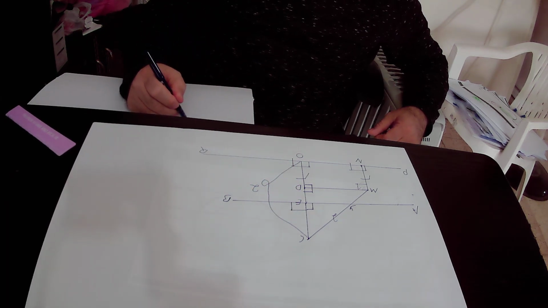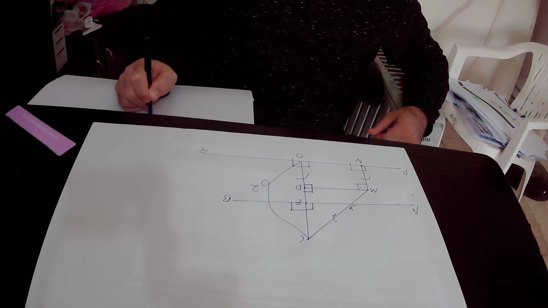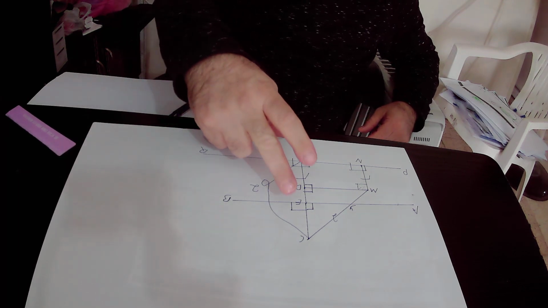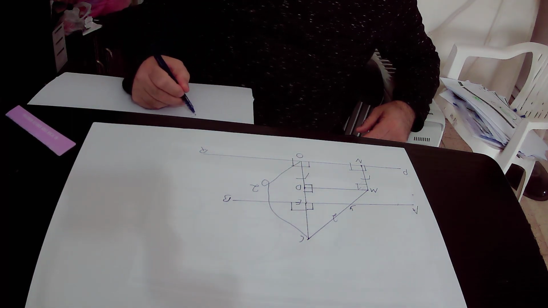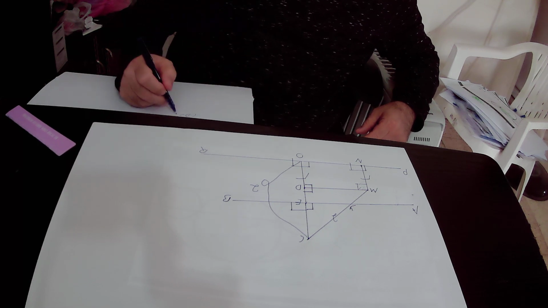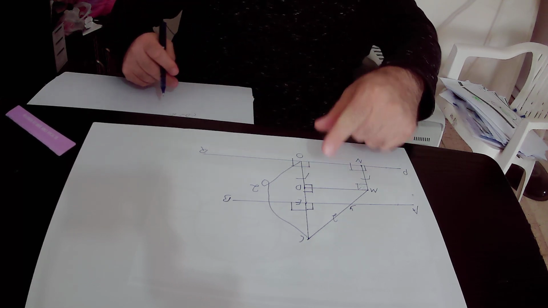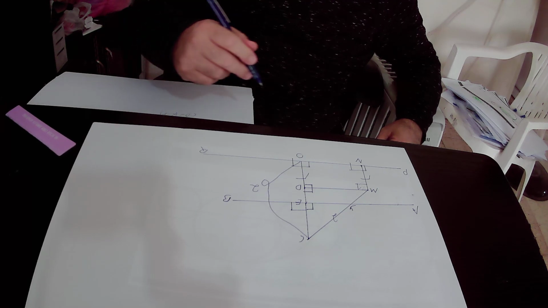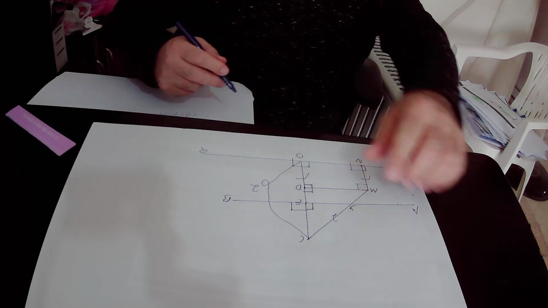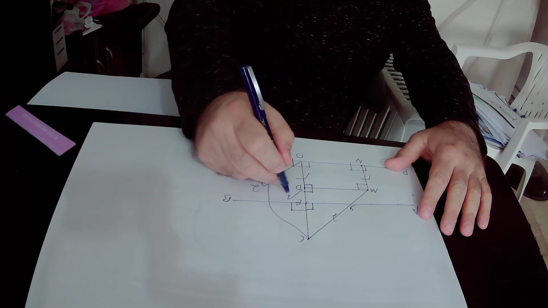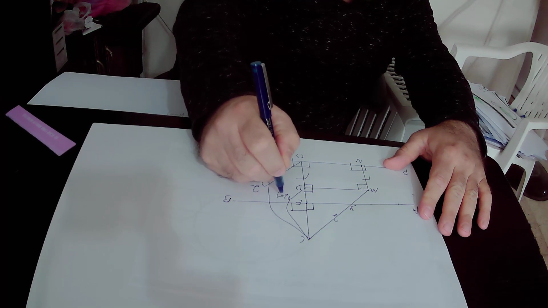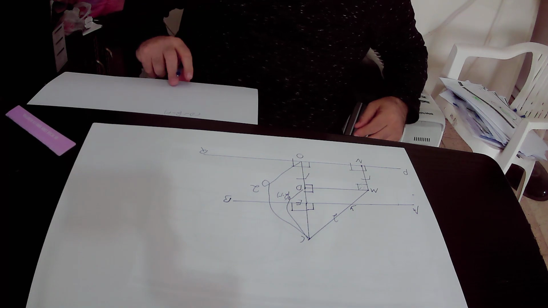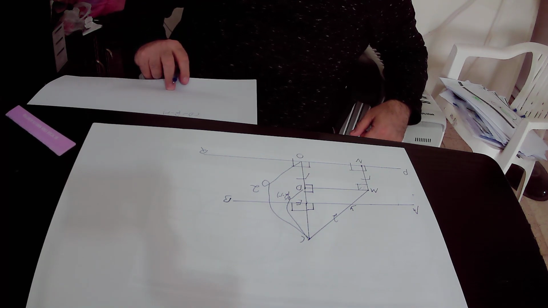So CD equals CO, that is 2 units, and DO is R. So in total we found out that CD equals 2 minus R. CD equals 2 minus R.